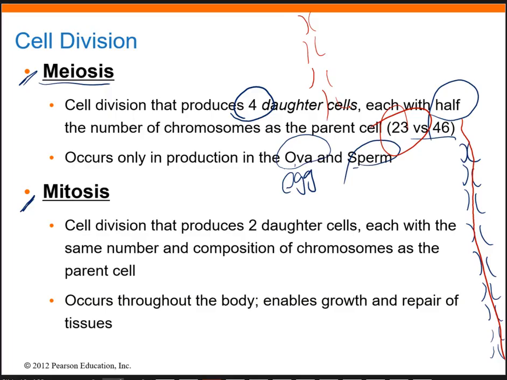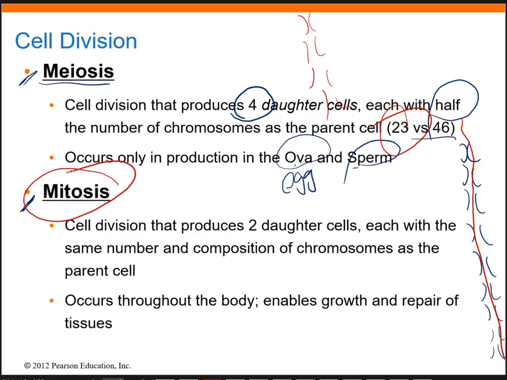They all have 46 chromosomes. So that's meiosis, right? It happens in the egg and the sperm. It produces 4 cells instead of 2, and each of the cells has only 23 chromosomes. That's all we're going to say about meiosis. Mitosis we'll look at in more detail.